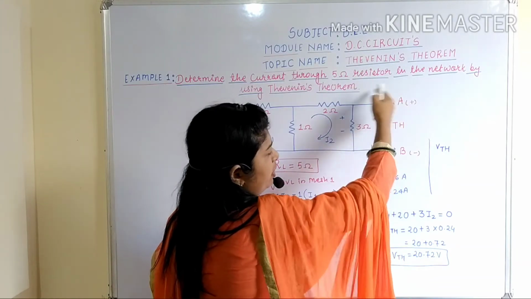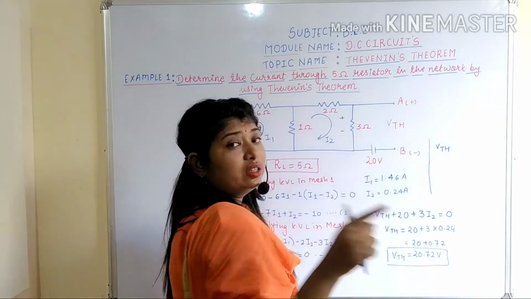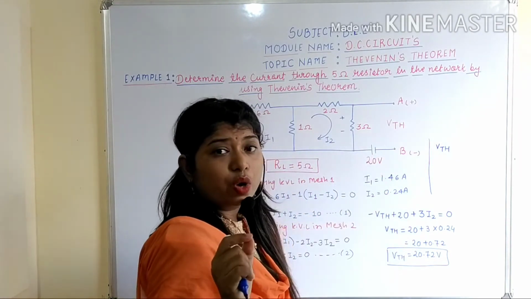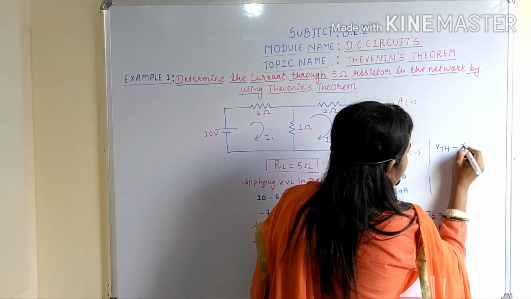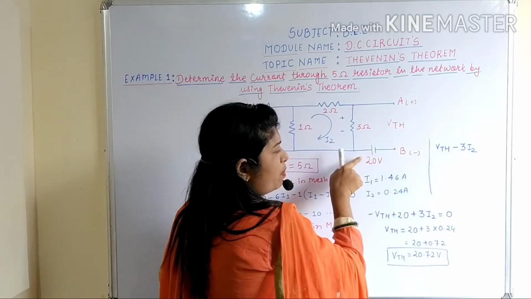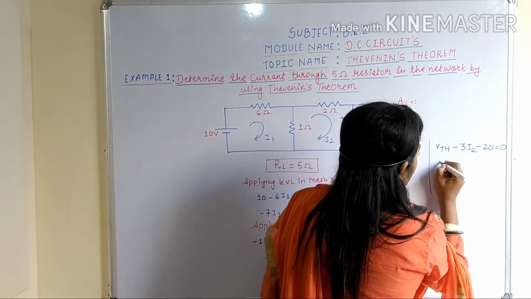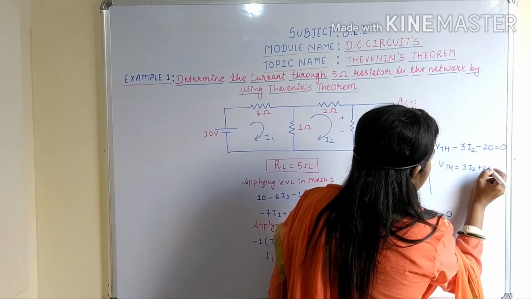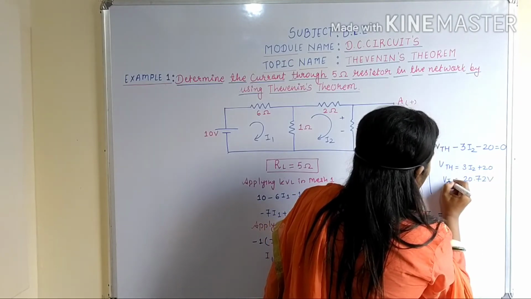So if we apply KVL in this direction, as per the sign convention, the voltage across that particular resistor is minus I into R. R is 3, I is I2. If we go from positive to negative, there will be fall in potential, which is equal to 0. VTH is equal to 3I2 plus 20. You will be getting 20.72 volt.